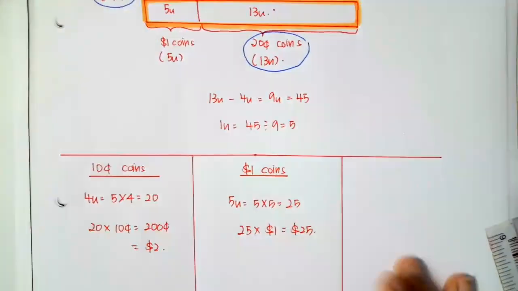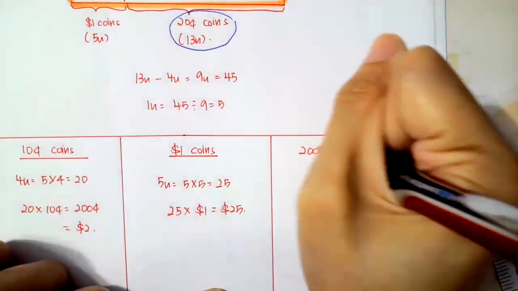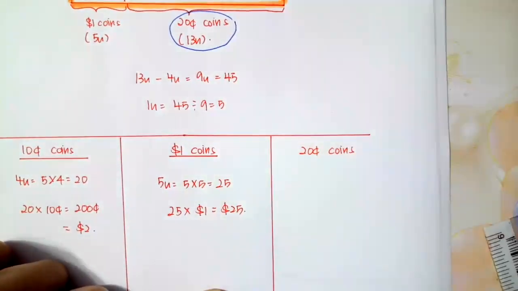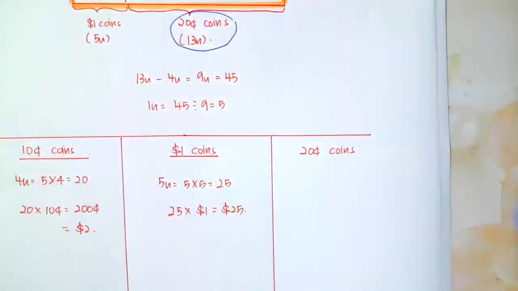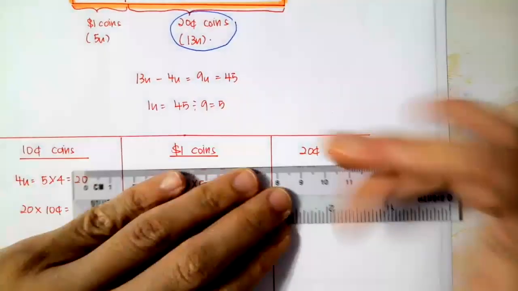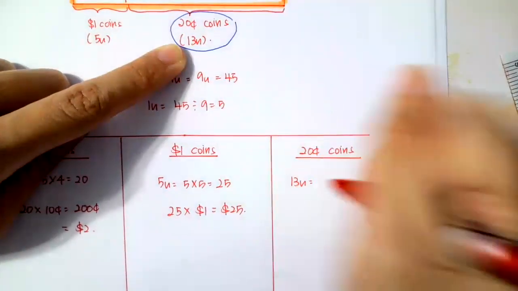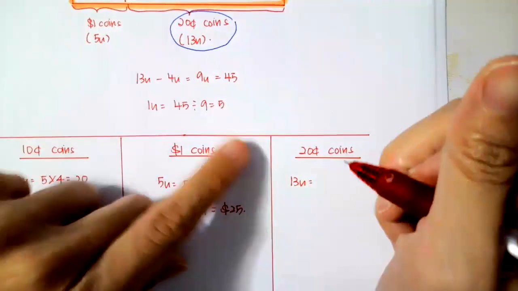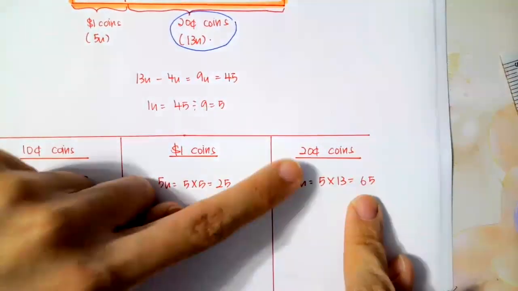Okay. And lastly, my 20-cent coins, I would have 20-cent coins is 13 units. So with 13 units, the number of 20-cent coins will be 5 times 13. I will have 65 20-cent coins.